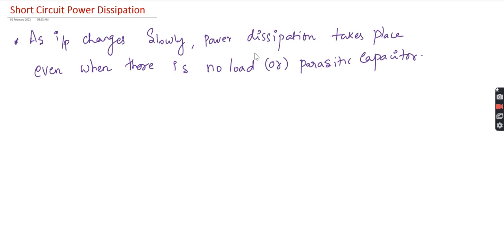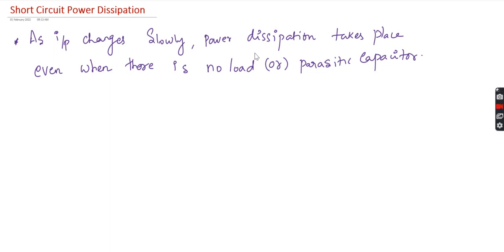So as the input changes very slowly, the power dissipation takes place even when there is no load or no parasitic capacitance. No load means there is no load capacitance or the internal parasitic capacitance also. That is what we can say is short circuit power dissipation.